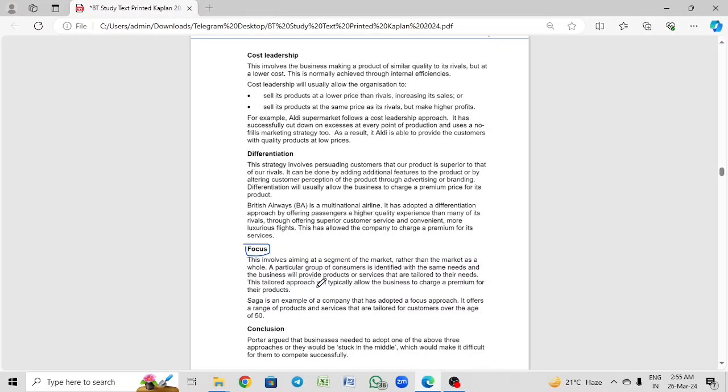This tailored approach will typically allow businesses to charge a premium for their products.